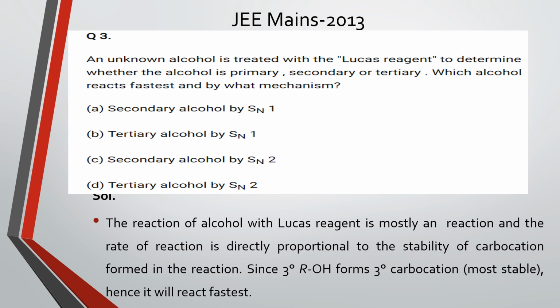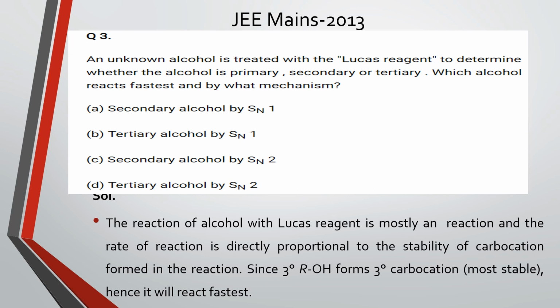This solution is used to classify alcohols of low molecular weight. The reaction is a substitution in which chloride replaces hydroxyl group. Here, the reaction of alcohol with Lucas reagent is mostly an SN1 reaction, and the rate of reaction is directly proportional to the stability of carbocation formed in the reaction.